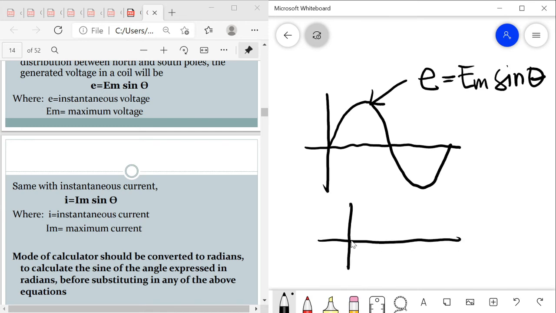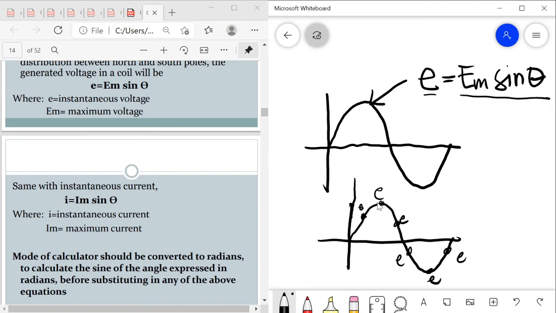So for example, you want to get the instantaneous voltage at this point. What is the value of E here? What is the value of E, and so on and so forth. Kung saan mo gustong i-compute yung instantaneous voltage, you can use this formula.